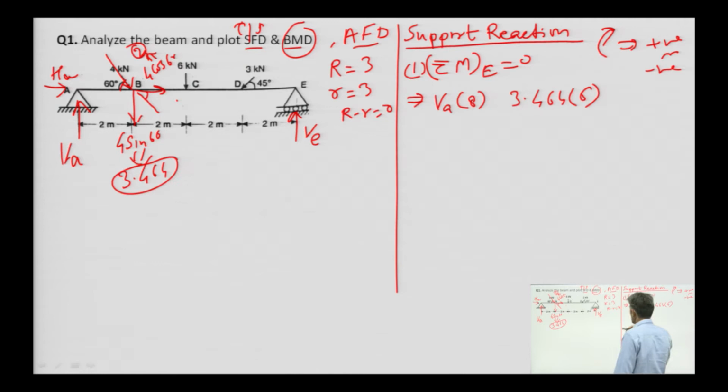The direction is anti-clockwise, that's why take it as negative. Plus another force, 6, it is also going anti-clockwise, so take it as minus. So 6 into the perpendicular distance of 4.